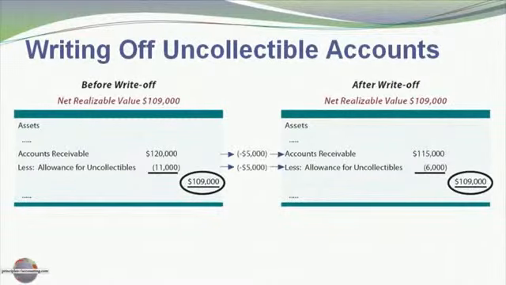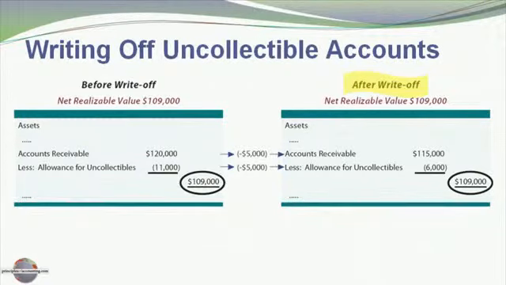Consider the balance sheet before the write-off. We had a net realizable value of $109,000 for the receivables, that is, accounts receivable of $120,000 less an allowance of $11,000. If we look over here at after the write-off, in the middle I'm deducting $5,000 for the write-off from both the accounts receivable and the allowance account. After the write-off, we still have $109,000 in accounts receivable net.